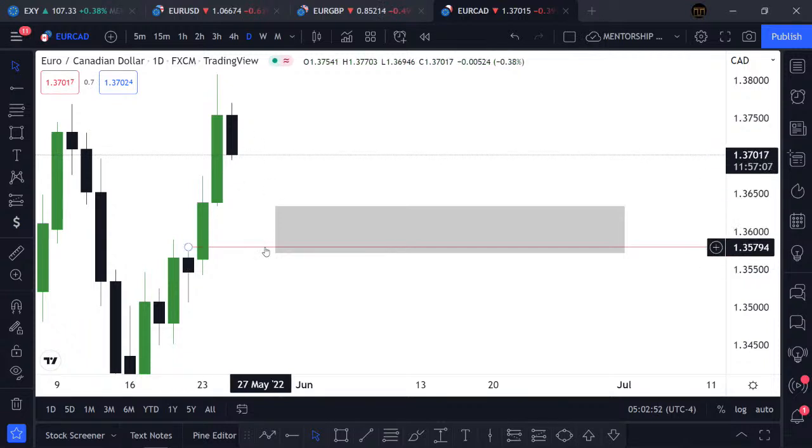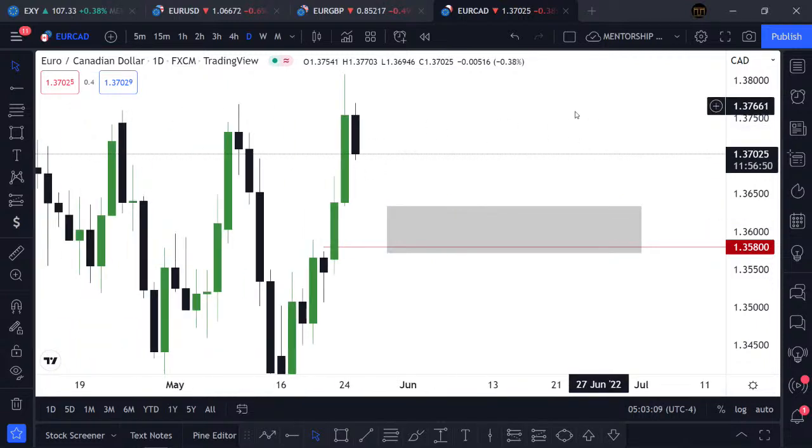So if price comes back to this level on the euro Canadian dollar, I'll be looking for opportunities to go long as well. A stop loss is a must.